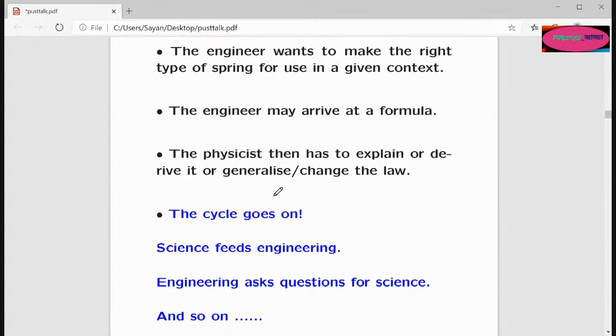So, for instance, if you go to a very big situation, like the particle physics experiments of the Large Hadron Collider, which many of you may have heard of, or the LIGO experiment for gravitational waves, all of these require a perfect harmony in the workings of a large number of scientists and a large number of engineers, and one actually feeds the other and vice versa.